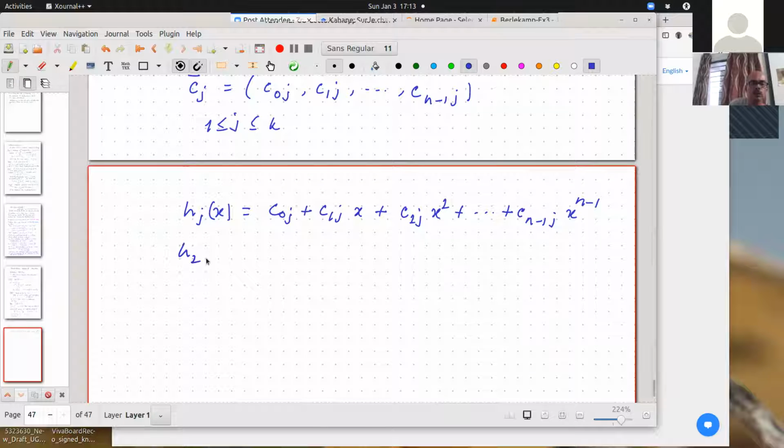So h2 of x, to all of them are f reducing.